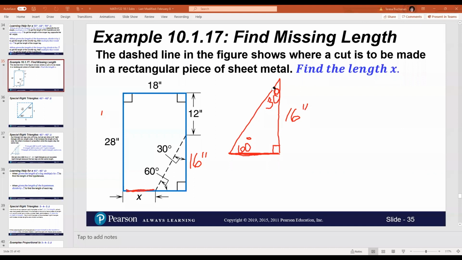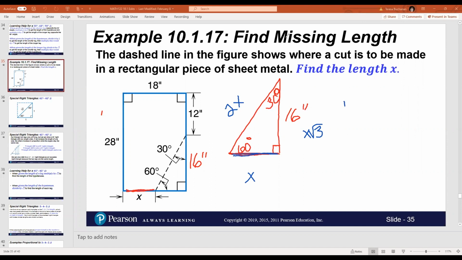In general, let me repeat these relationships so we'll have all that in front of us. The shortest side is always across from the 30-degree angle. That's X. Hypotenuse is 2X. This is X square root of 3. So what that says to us is this is what I'm looking for right there.